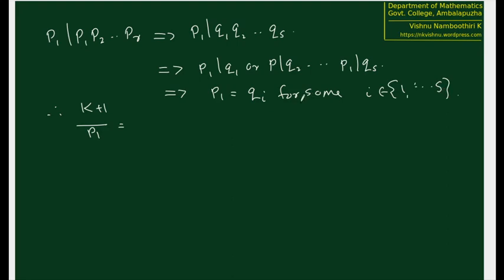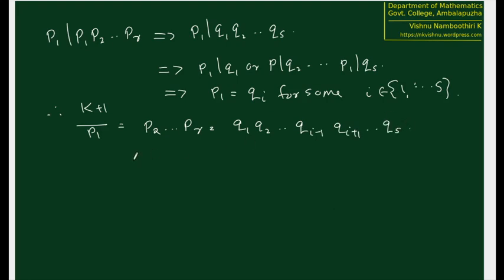Because if p1 is a prime and the qi's are all primes, a prime dividing another prime implies that they must be the same. So p1 must be equal to qi. So (k+1)/p1 is going to be equal to p2, p3, etc., pr. This is equal to q1, q2, etc., qi minus 1, qi plus 1, etc., qs.